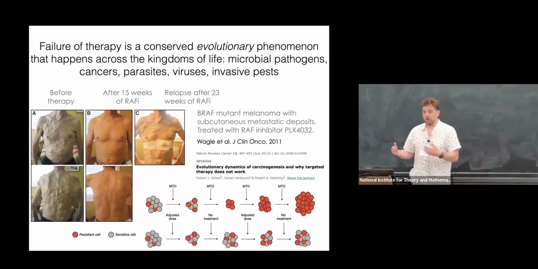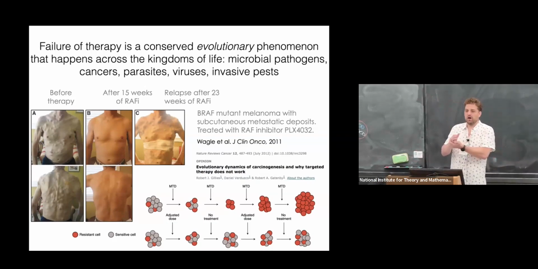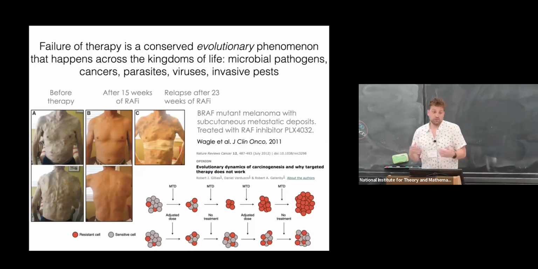I'm going to show you a concept today about something called adaptive therapy, which is trying to not kill off all the sensitive ones and instead take advantage of a potential conflict within the tumor by modulating the frequencies. It's very similar to the idea of theoretical ecology and modulating wolf and moose populations, for example, in a game reserve, where maybe the moose population is affected by the predation. Of course it is, right?